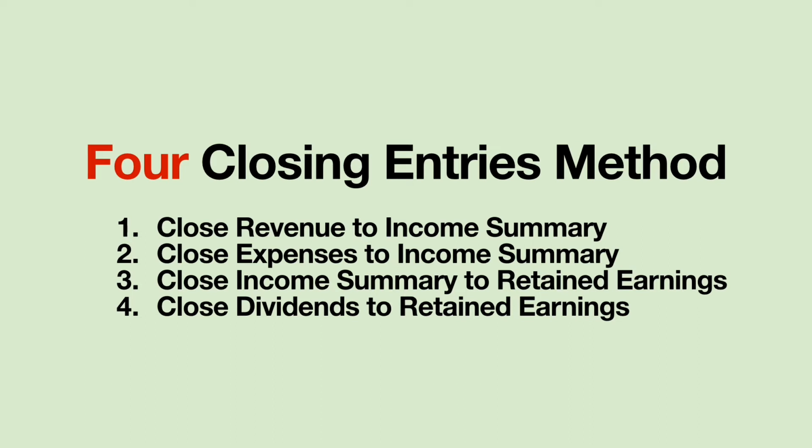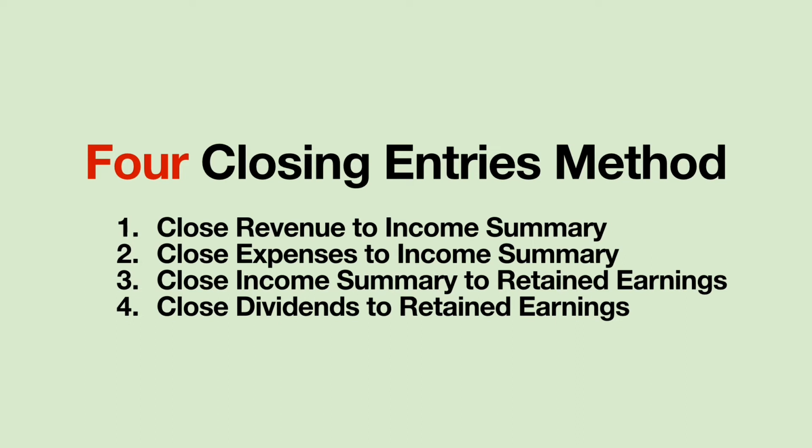So in this method, what makes it so difficult is we close in 4 journal entries. The first closing entry, we move the revenue accounts to an account called income summary. It's like a scratch piece of paper. We just move the revenues to income summary. And then number 2, we move the expenses over to income summary.